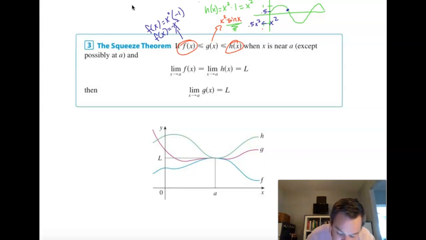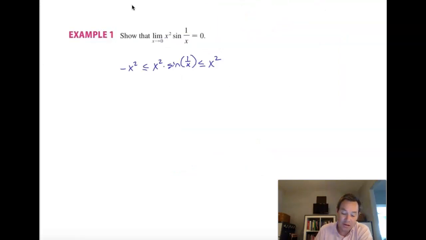I meant sine 1 over x. That doesn't change anything, right? The largest the output of sine will ever get is positive 1, and the lowest it'll ever get is -1. All right, so I have established this relationship, and this is actually true for all x that are real numbers.